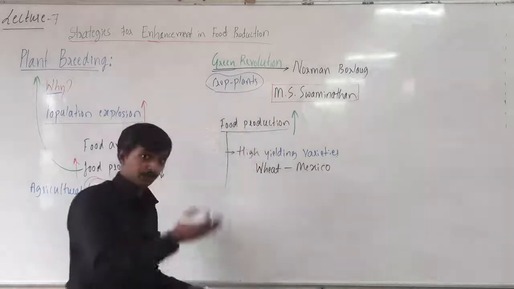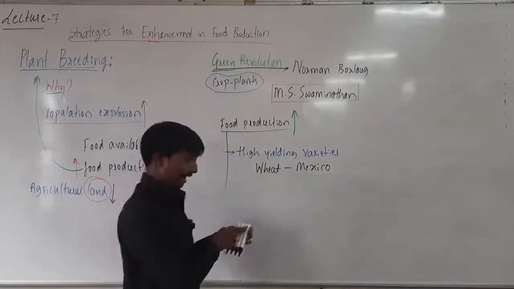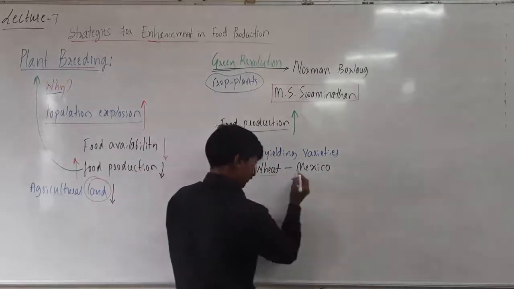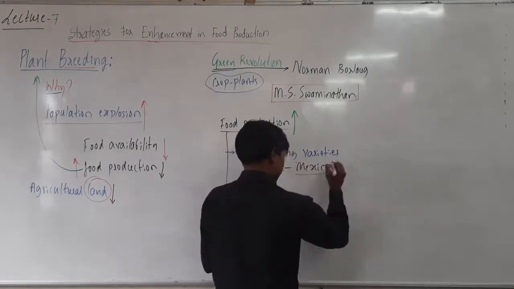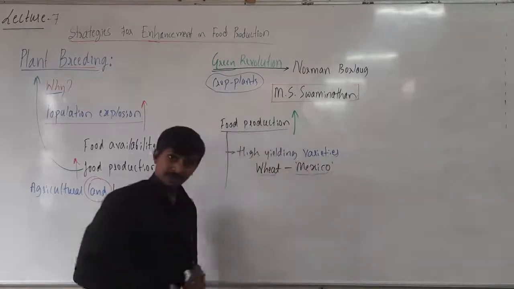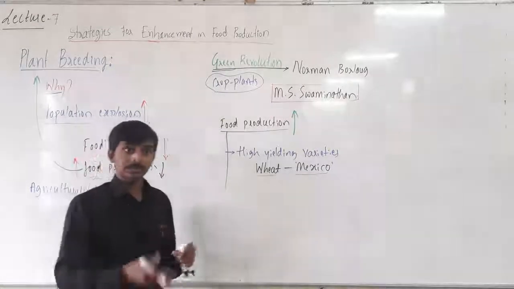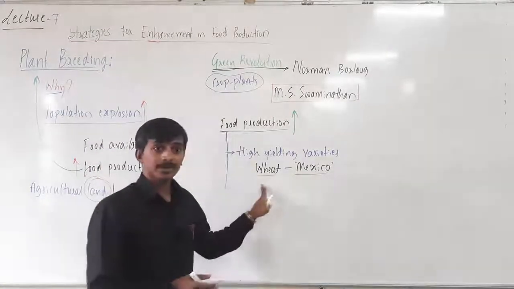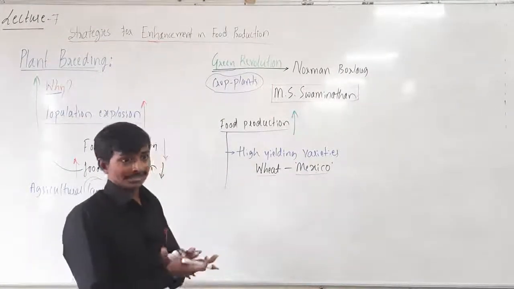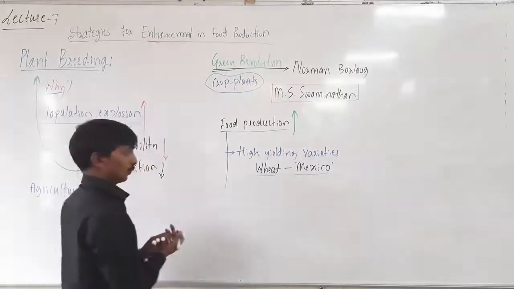They have imported various high yielding varieties of wheat from the Mexican country, so that our cropland, the wheat, can produce more seeds, more amount of the food.